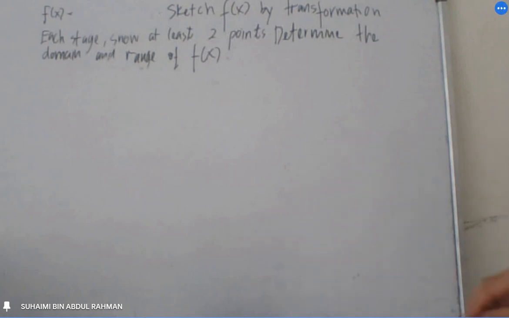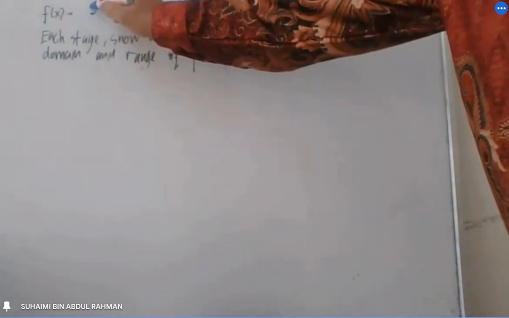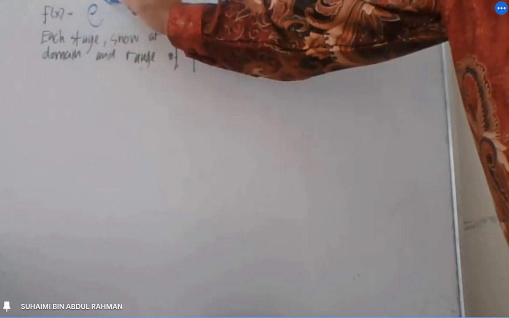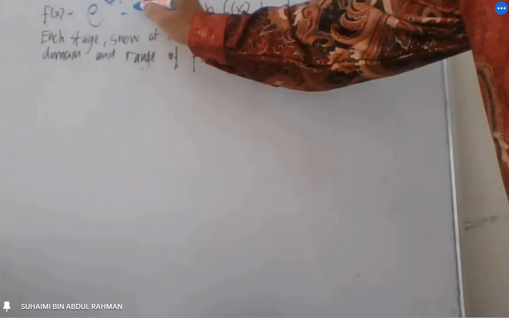Let's say we change the functions now. The function f(x) is e to the power of x plus 2, minus 3.